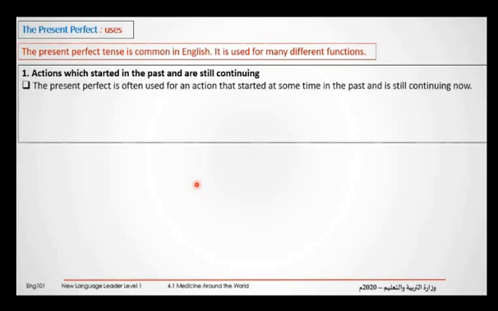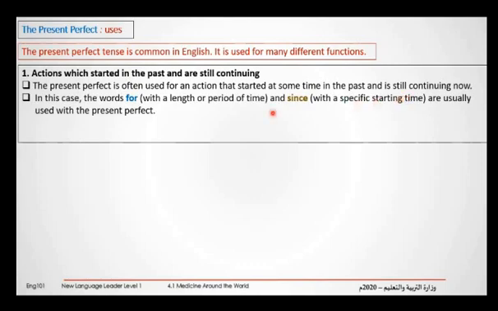The present perfect is used for an action that started at some time in the past and is still continuing now. In this case, the word for with the length or period of time and since with a specific starting time are usually used with the present perfect.